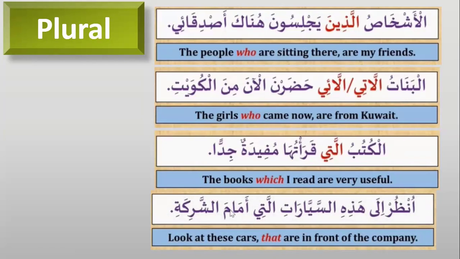We are talking about hazihis-sayyarat, cars, so we need to use again allati. Unzur ila hazihis-sayyarat allati amamash-sharika. So look at these cars that are in front of the company. I hope it is clear how we use them according to gender and number. Alhamdulillah.